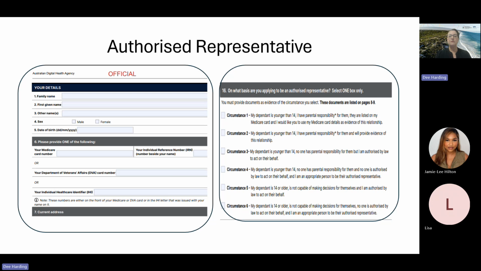You only need to select one box. For aged care residential, circumstance number 5 is going to be the most relevant one for you, which indicates that my dependent is 14 years or older, is not capable of making decisions for themselves, and I am authorised by law to act on their behalf. And the signature is required on page 6 as well.